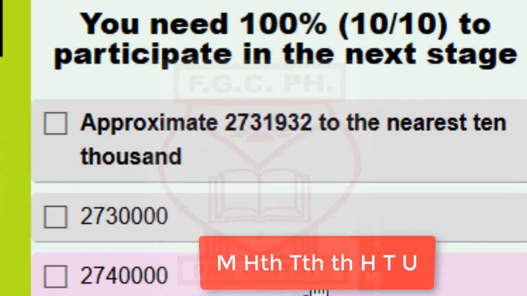Approximate 2,731,932 to the nearest 1,000. I think the 1,000 digit here is 1, so we are going to clear 932, and we're rounding down, so it remains 2,732. So that's it.